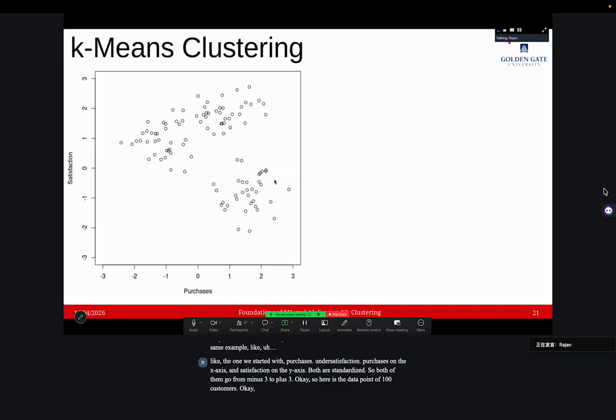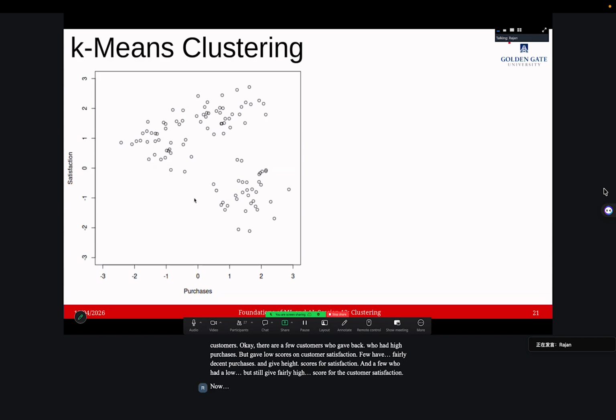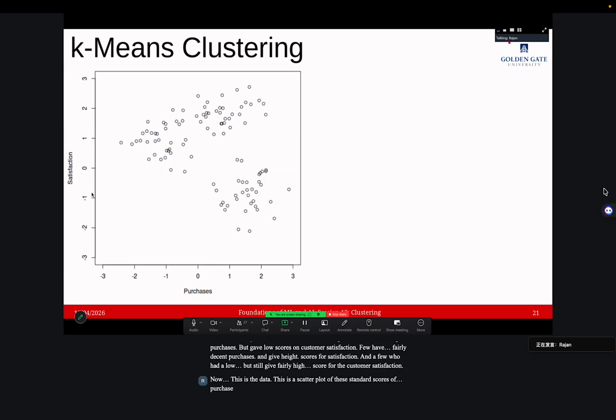There are a few customers who had high purchases but gave low scores on customer satisfaction. Few have fairly decent purchases and gave high scores for satisfaction, and a few who had low purchases but still gave fairly high scores for customer satisfaction. This is a scatter plot of the standard scores of purchase and customer satisfaction.